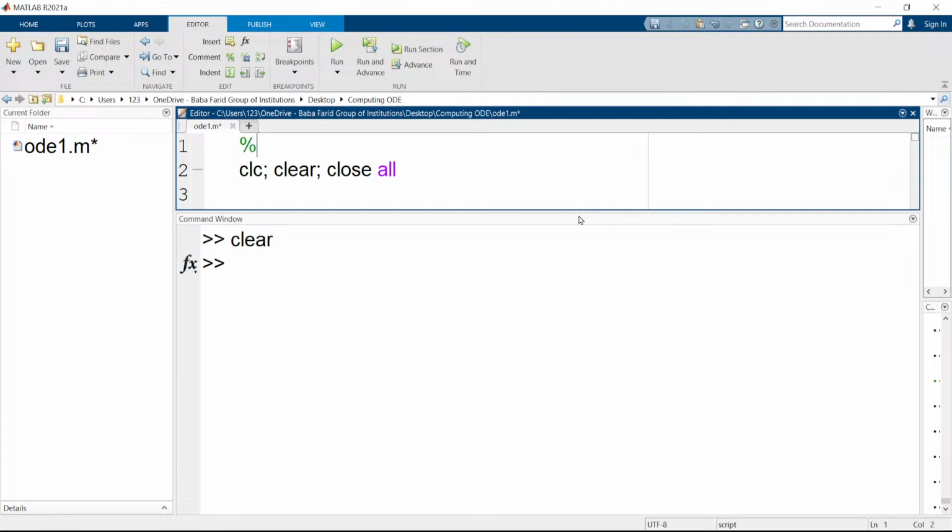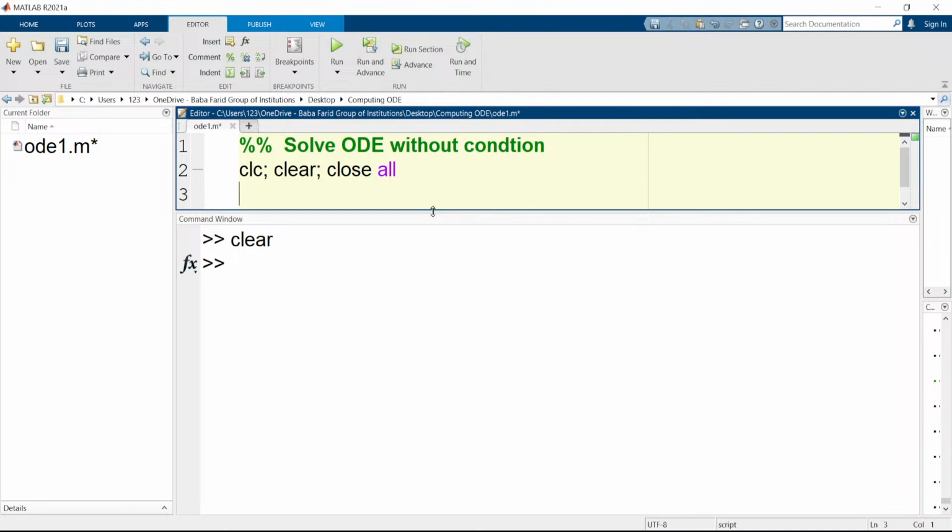See here, this is double percentage I am using. So this will divide the script file into several sections. So here, solve ODE without condition, and then we can write here the statements.